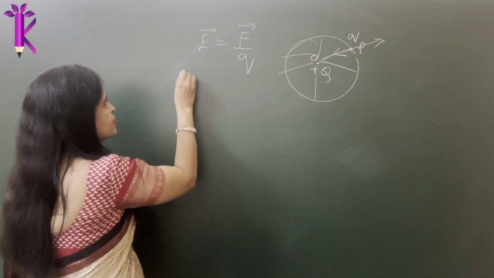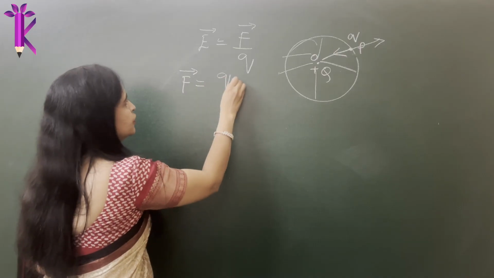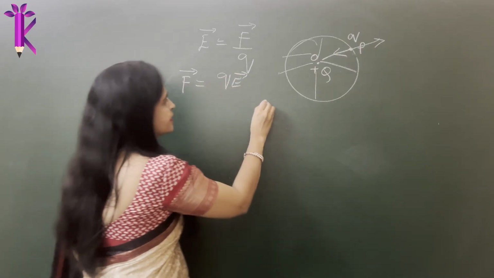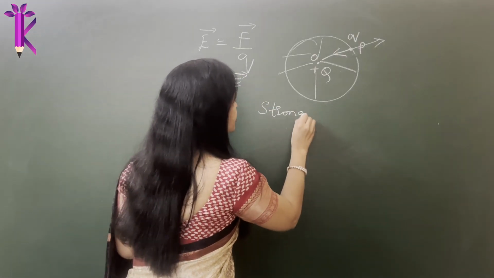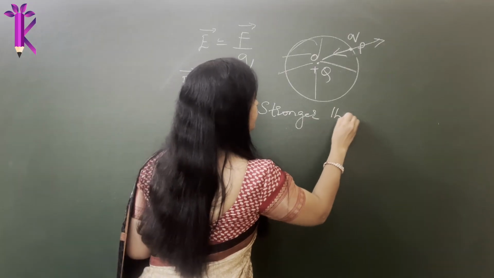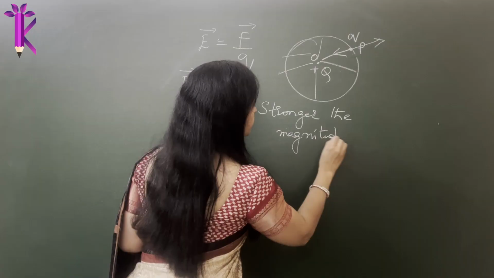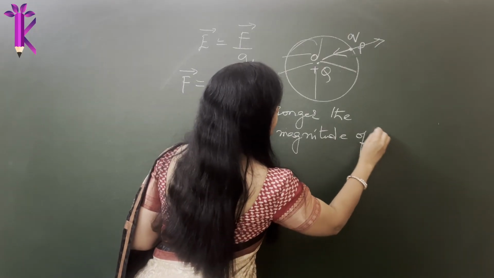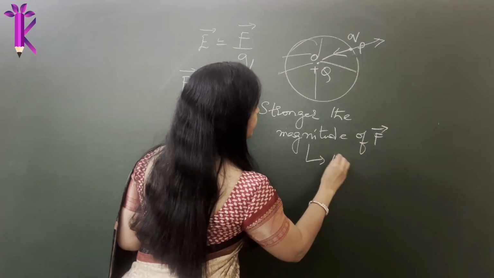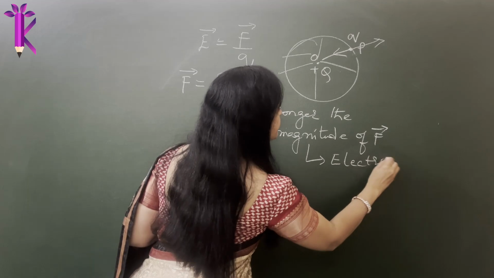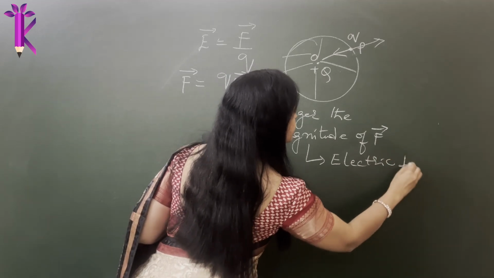In other words, force is given by Q into electric field. Stronger the electric field, or stronger the measurement of force, stronger the magnitude of force experienced, you say electric field intensity is more.